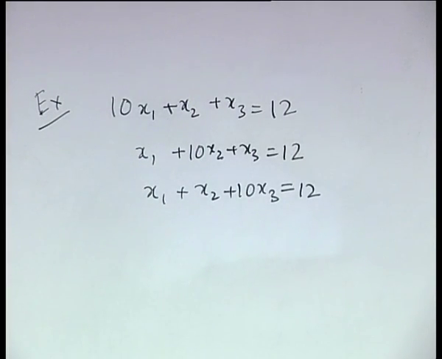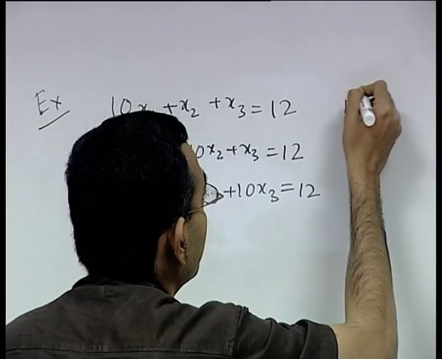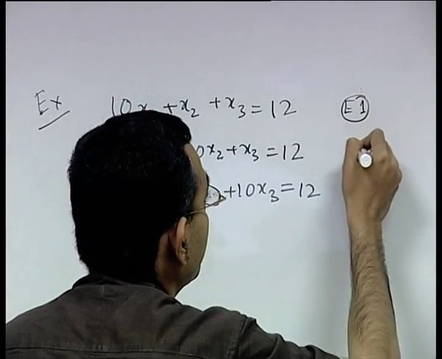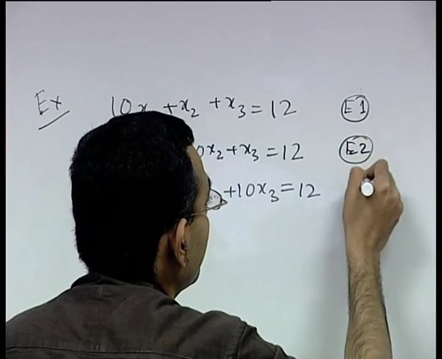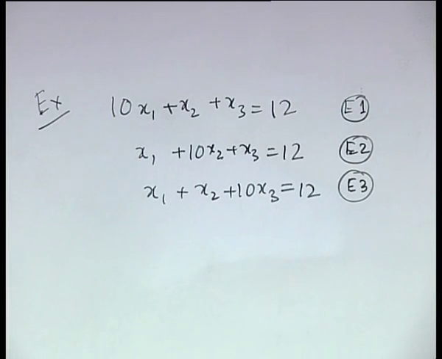We have these three equations with three unknowns, and we want to solve for x1, x2, x3 by an elimination technique, which we will formally describe as the Gaussian elimination method.